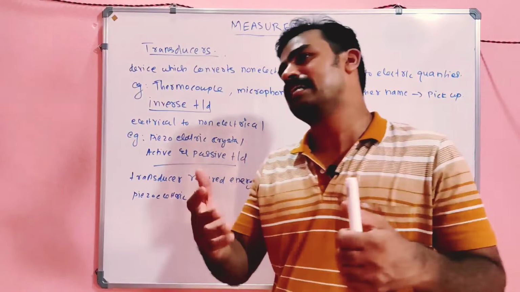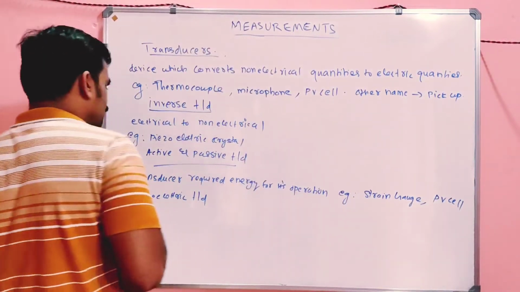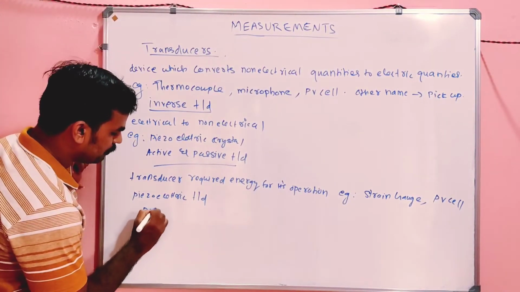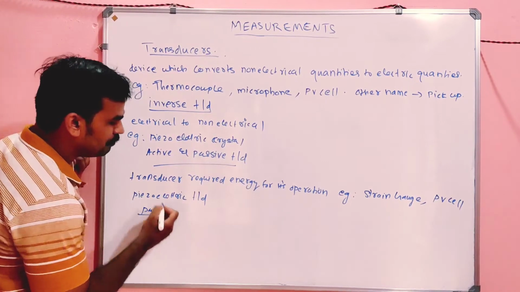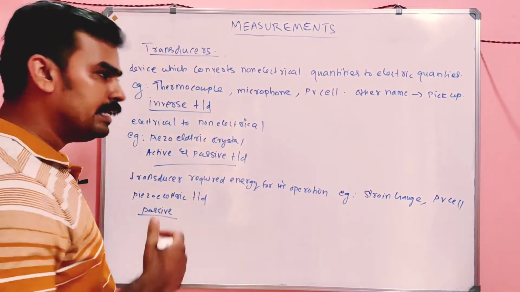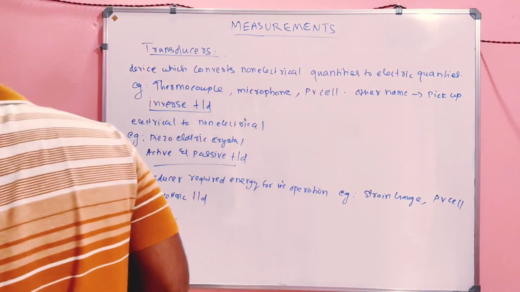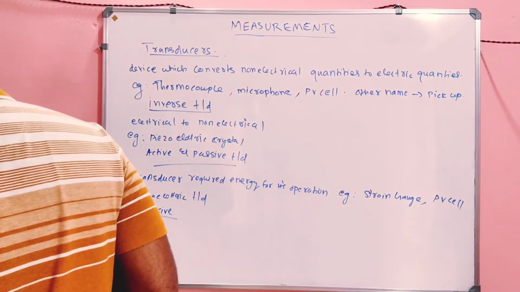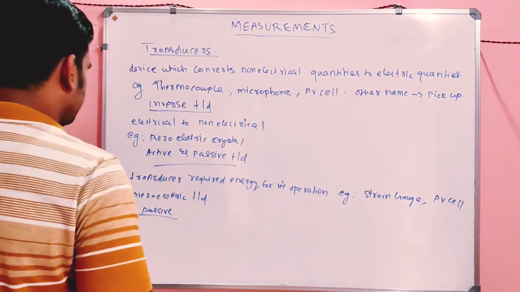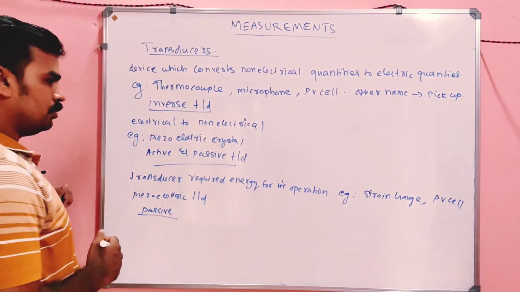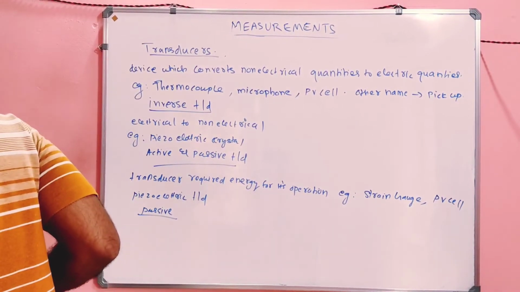That is called an active transducer. Passive means the opposite. Passive means it doesn't require any energy for its operation. For example, strain gauge. No, strain gauge is not.